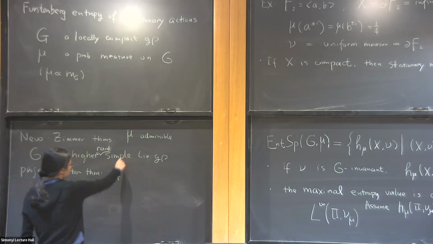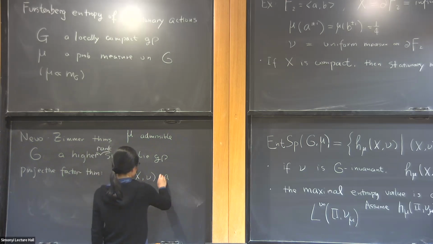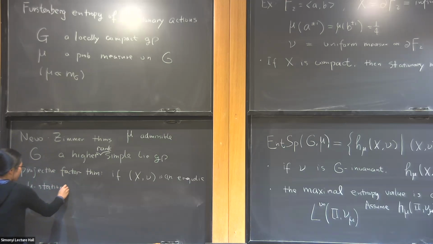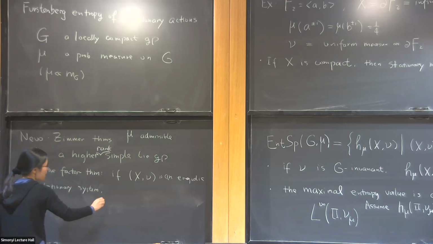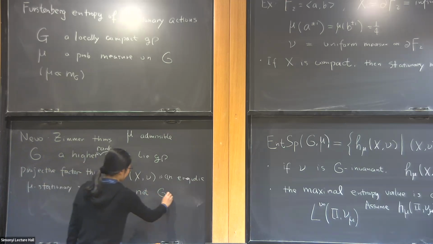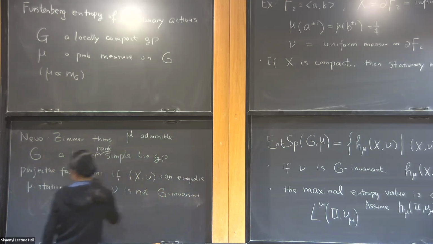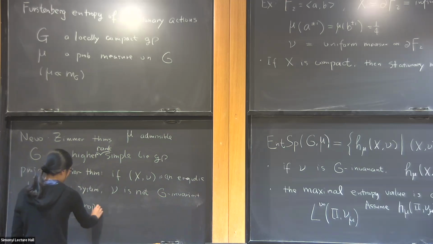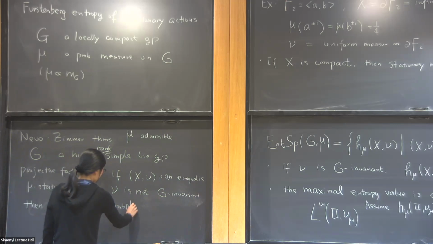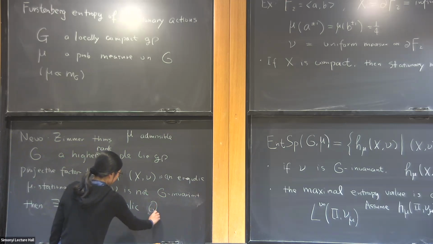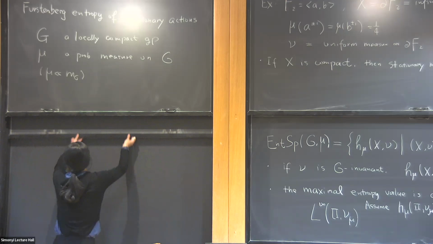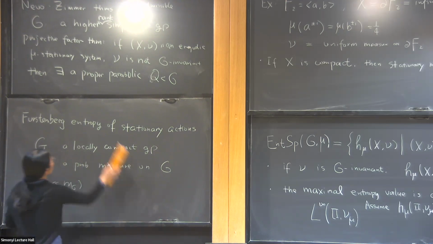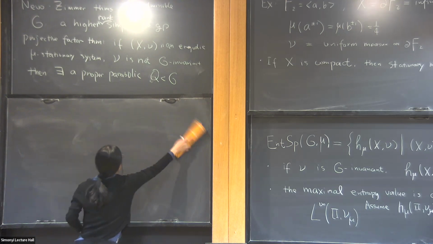And then under this, if you have an ergodic stationary system, and nu is not invariant, then you would have a proper parabolic subgroup Q such that your X, nu would admit G mod Q as a factor.